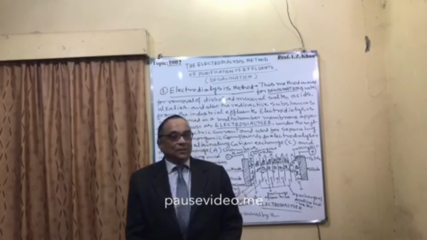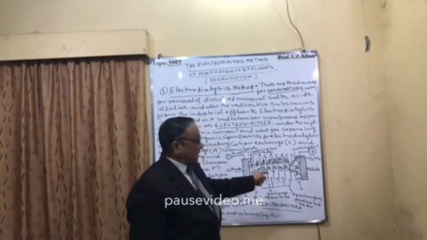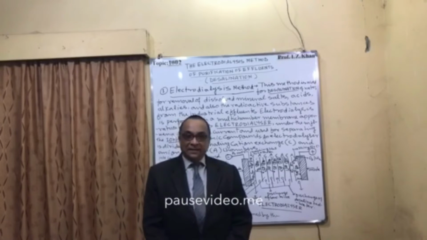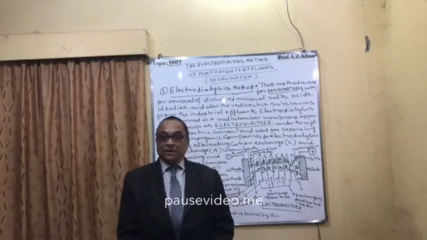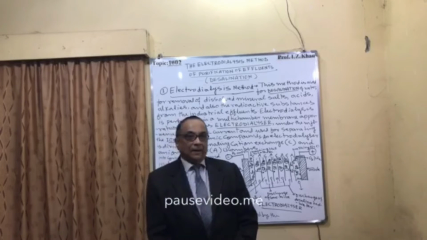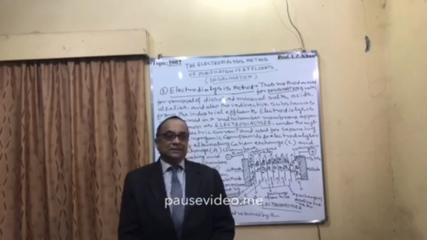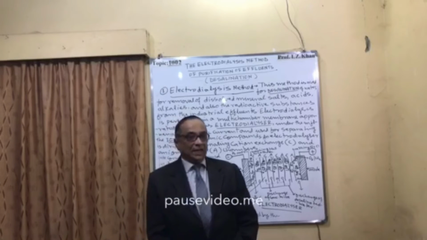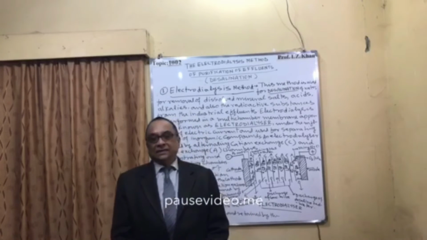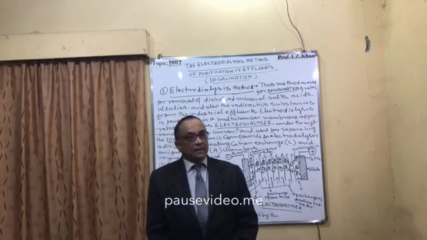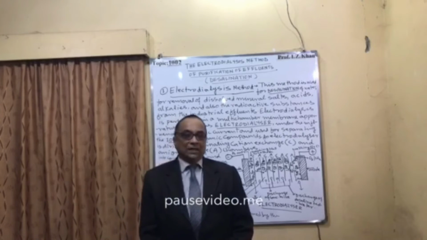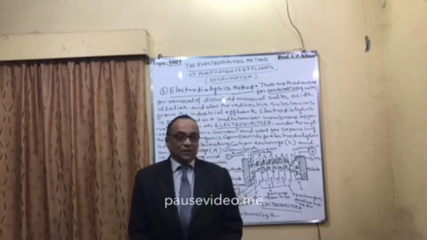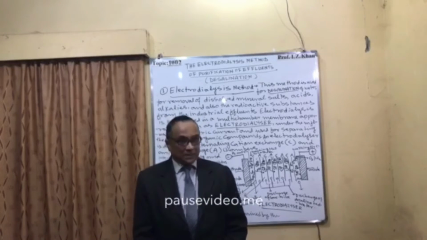So here I have given a diagram of how this desalination plant works, with different chambers separated by membranes, and with the help of resins the exchange of cation and anion takes place. In this way they will gain or lose the electron, be neutralized in the form of molecules, and be separated out.